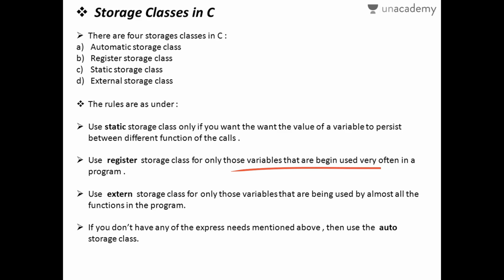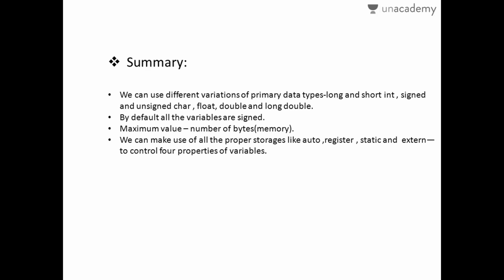For external storage we use variables that are used almost everywhere in the program, whereas for auto storage, whenever we mention any kind of statement in a code or program, it will be automatically stored.